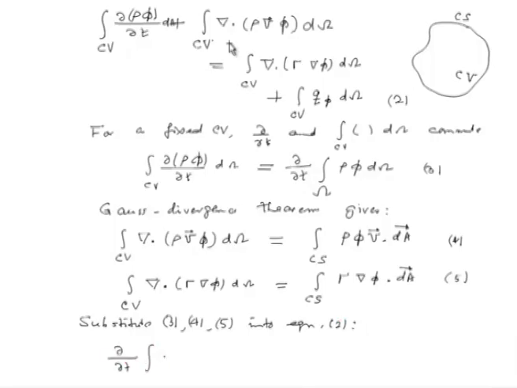Del by del t of the integral of rho phi d omega over CV plus the surface integral over CS of rho phi v dot dA is equal to the surface integral over CS of gamma gradient of phi dot dA plus the volume integral over CV of q phi d omega.